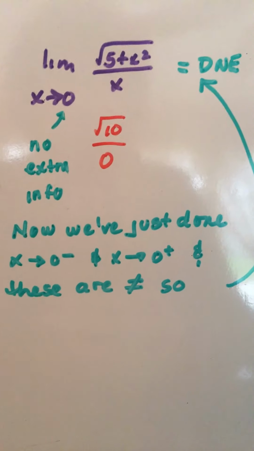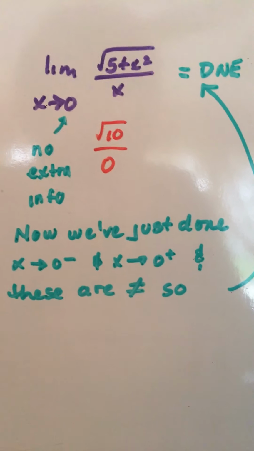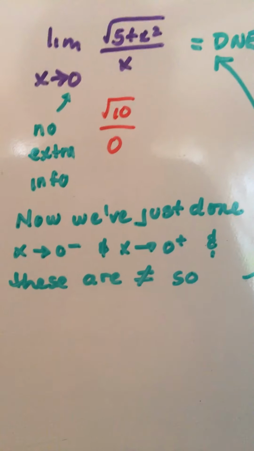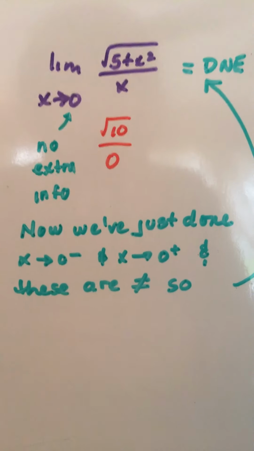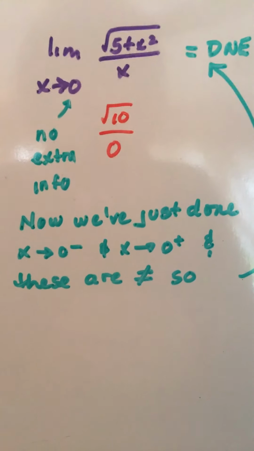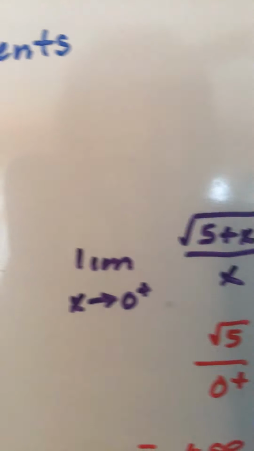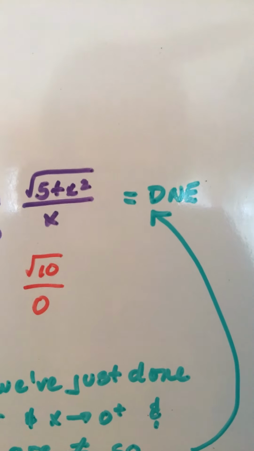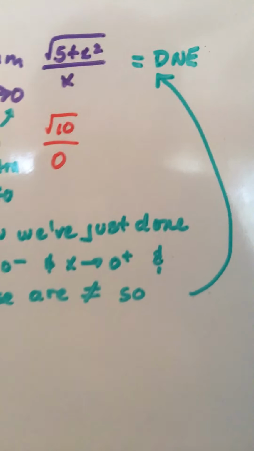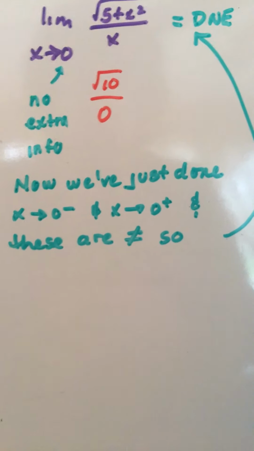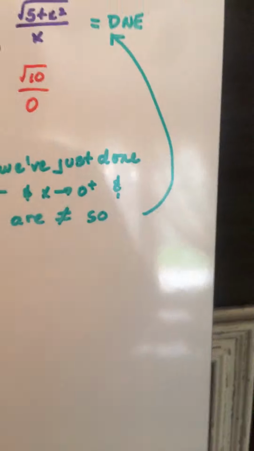So now this is at a vertical asymptote, and you know a vertical asymptote has a left side and a right side, so it's acting in a sense like a jump. But since we just did the left side and we just did the right side, it would then be legal to just say D and E here, because we know that the left side answer did not equal the right side answer.